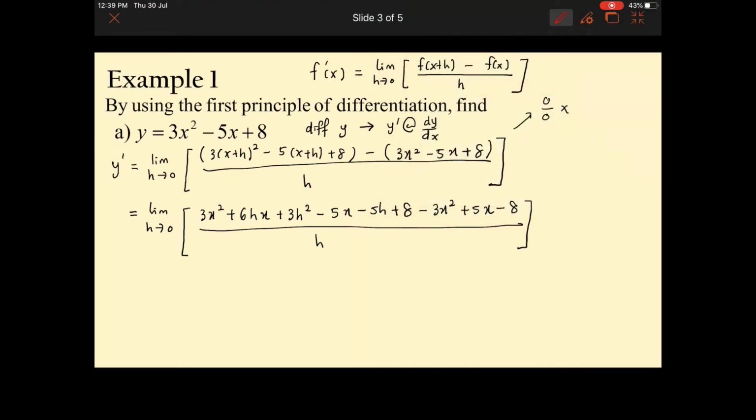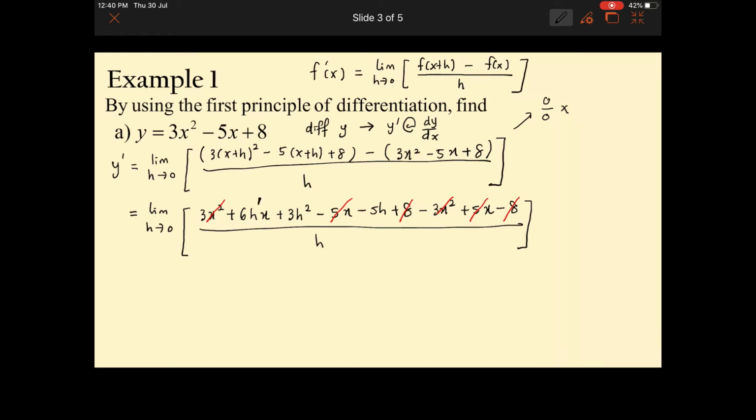Then try to simplify your equation now. Check whether anything can be cancelled out. So obviously here 3x squared can be cancelled out. Next one, 5x also can be cancelled out, and last one 8 also can be cancelled out. Then it seems more simple now.